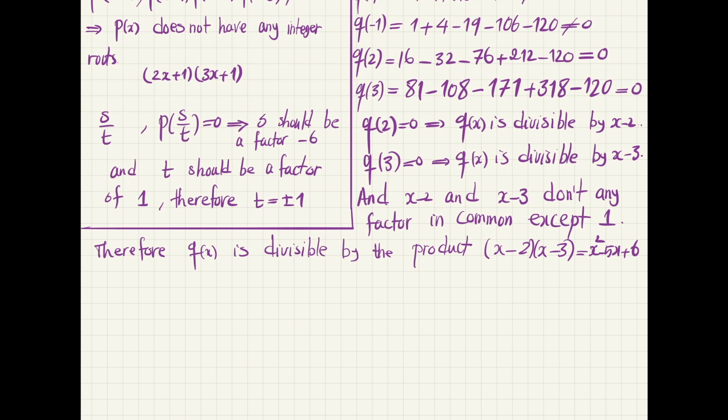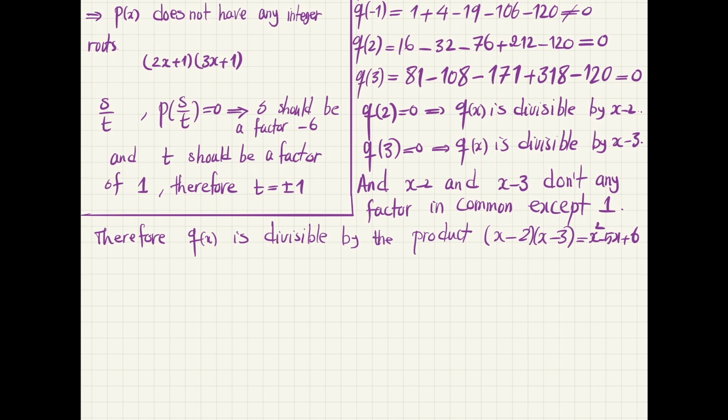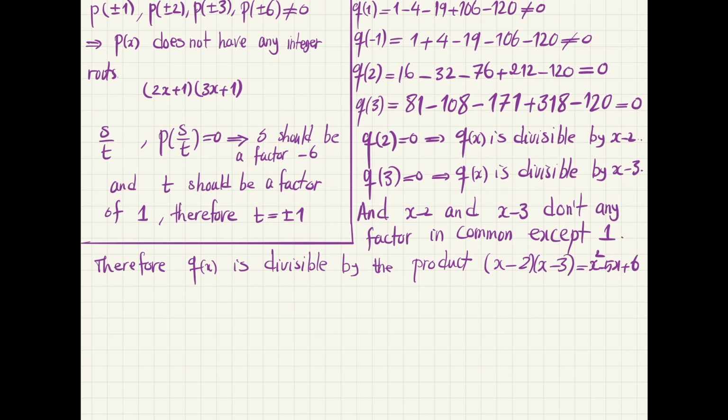Okay, so instead of dividing q of x by x minus 2 to get a third degree polynomial and repeating the process, I was a little bit patient because I checked that I could find two roots, and these factors don't have any factor in common except 1.